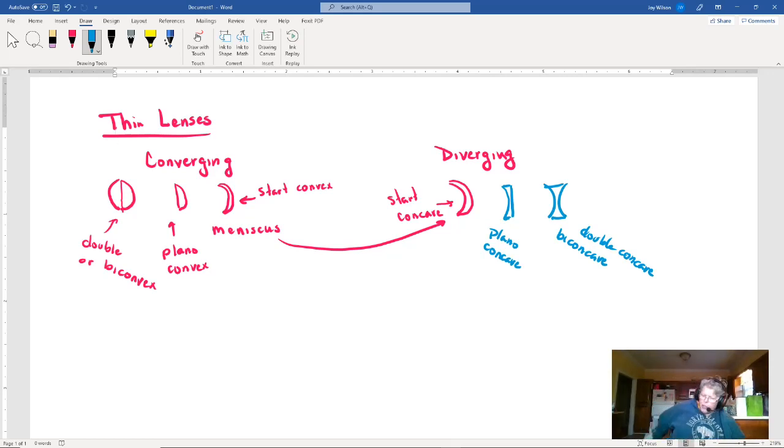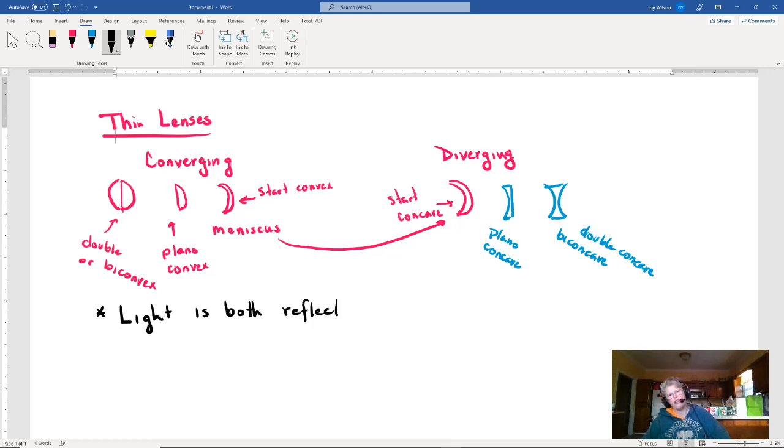Now, what do we have to know about light going through lenses? Well, first of all, instead of a mirror with light bouncing off, light is both reflected and transmitted through a lens.